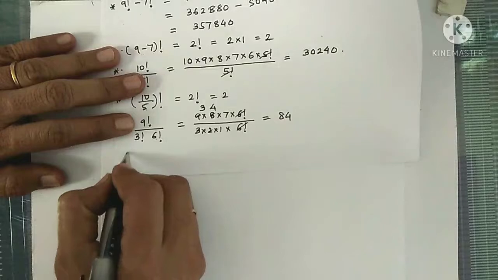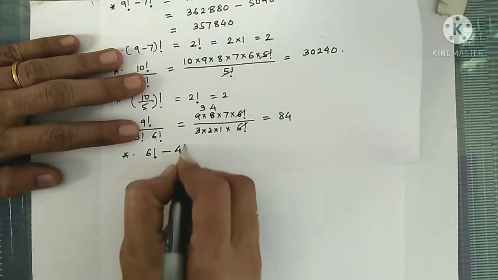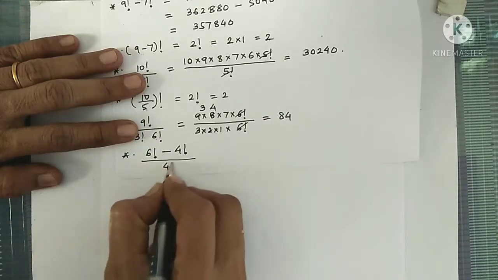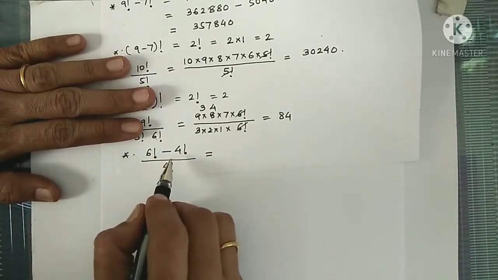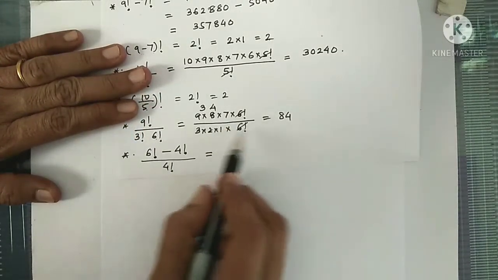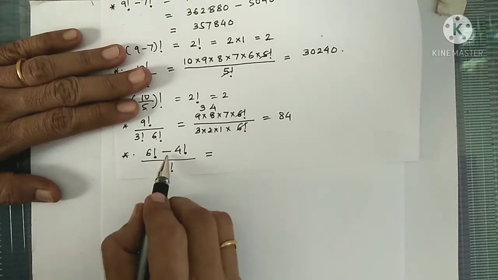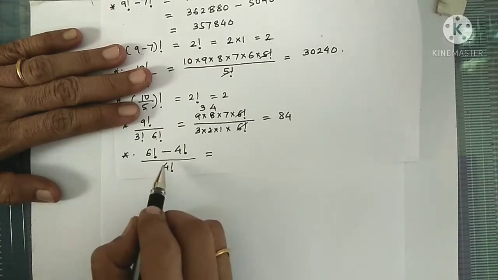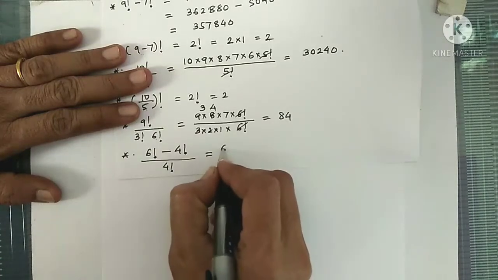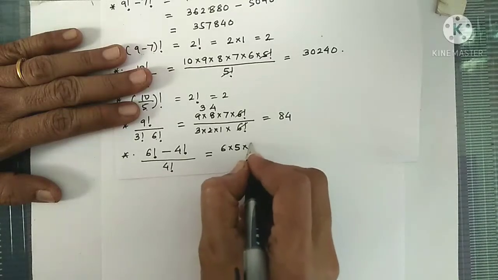Okay, let's solve one more question. Find the value of, say, (6 factorial minus 4 factorial) divided by 4 factorial. So in between we have a difference now, so we cannot cancel like this. Where it is a product, we can cancel. But in this question, first of all, we have to find the difference. But see, the smallest number here is 4, and we can write 6 up to 4. Decreasing this number by 1, we get 5. Then we have 4.